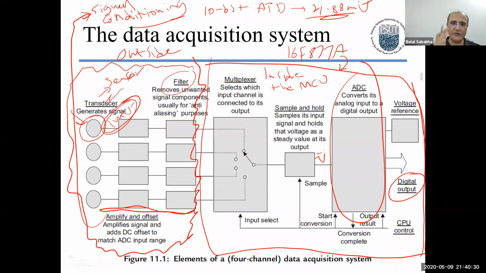You need to filter it to make sure you get a clean signal before connecting it to the microcontroller. That is the responsibility of the embedded system designer, you guys. Now, these are the things you study in electronics: circuits, signals, and systems. You know how to do filters, amplifiers, offset circuits, etc. Signal conditioning.